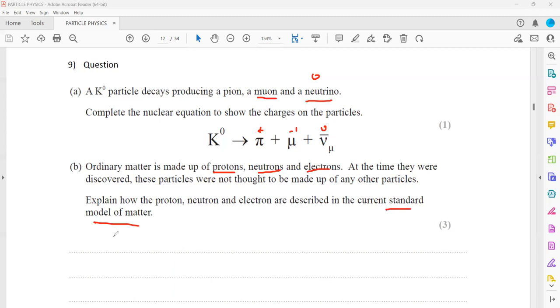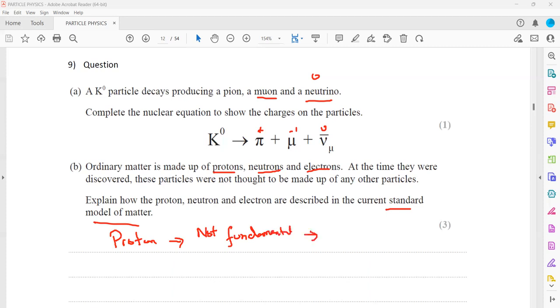So what are protons? Protons are basically baryons. And what are baryons? First thing, protons are not fundamental. When we categorize particles, they are not fundamental.